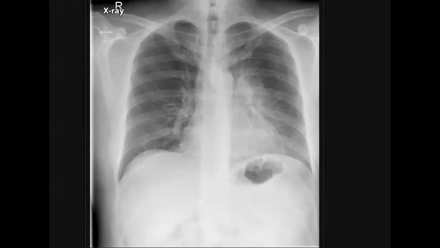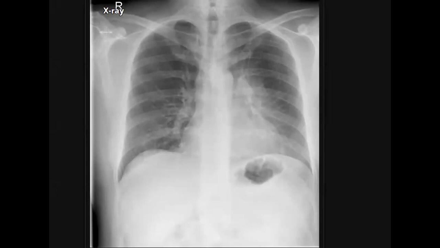So what do you think? Right, left. We say left, yes. What does this patient have? Collapse. Yes, collapse. Upper collapse, lower collapse. Left upper lobe collapse. Excellent.